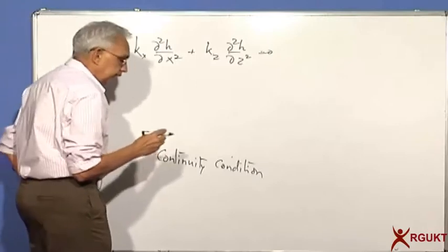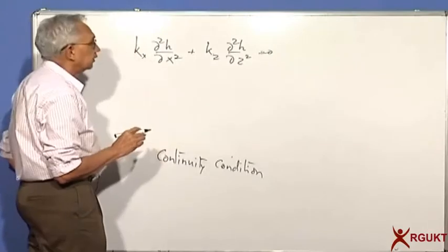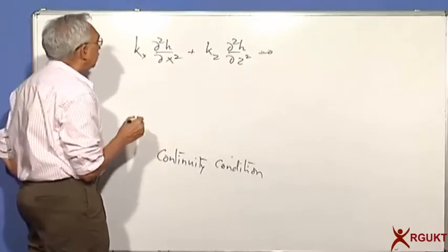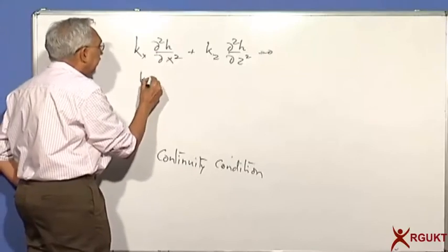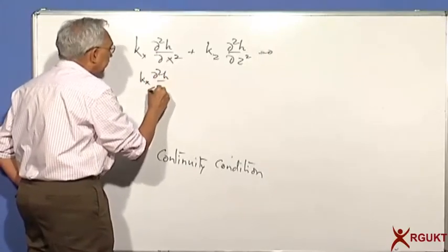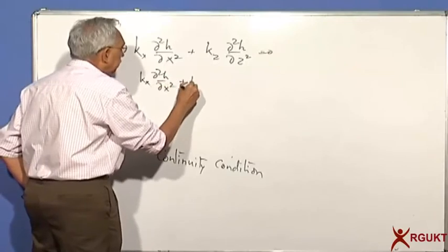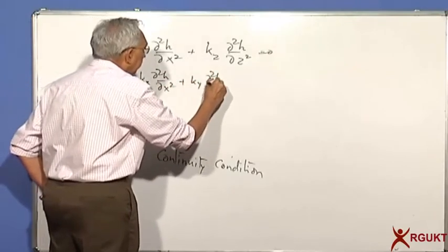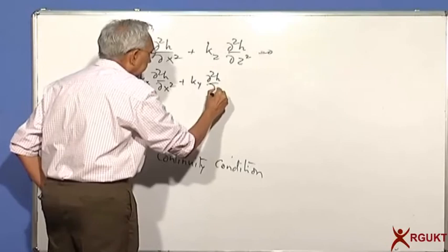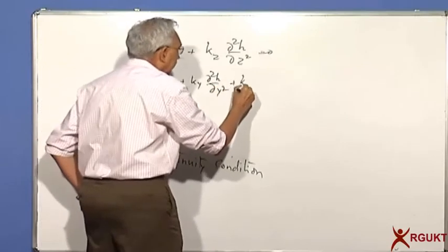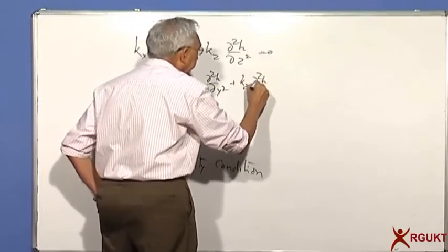We normally in this course do not concern ourselves with three-dimensional flow, but if you do, this equation will get one more term, the derivative with respect to y, apart from the two derivatives.